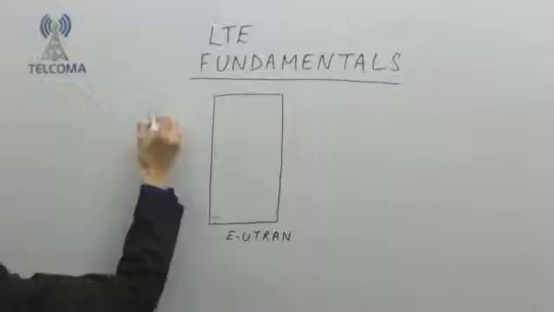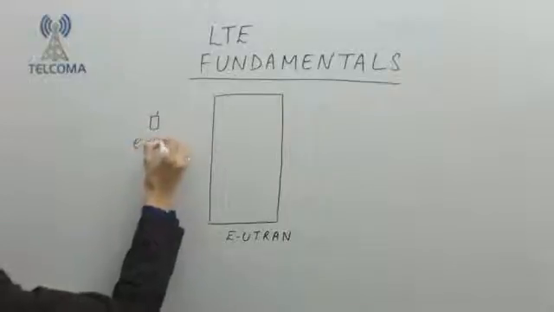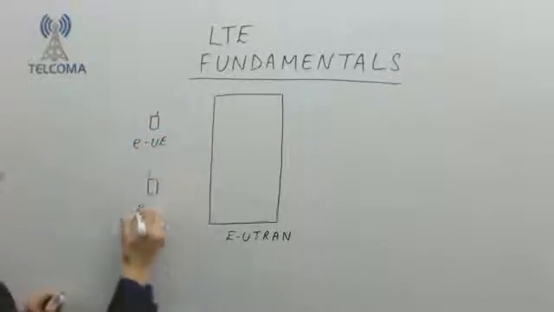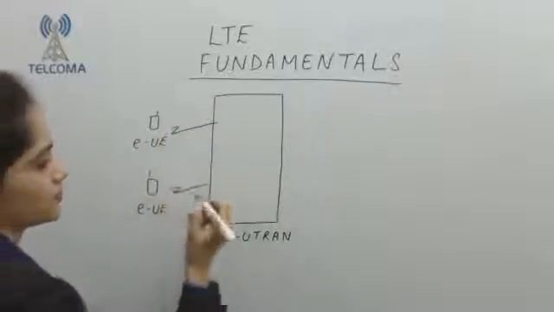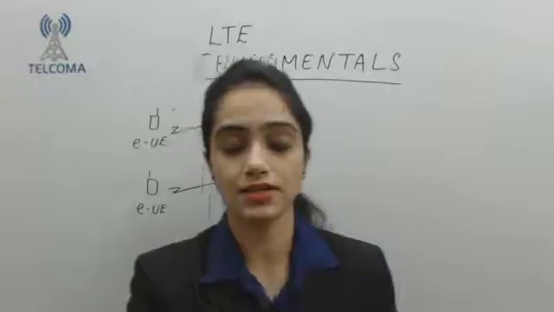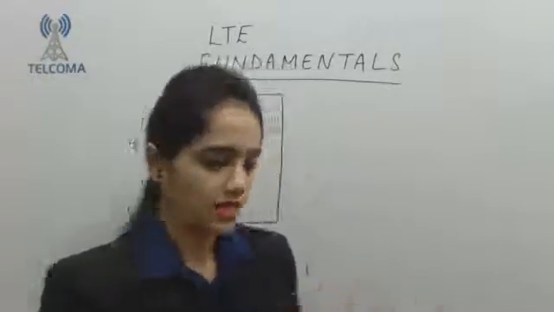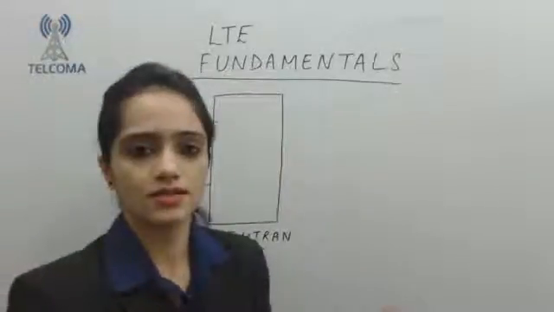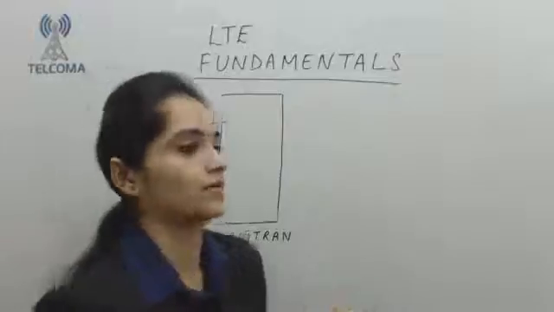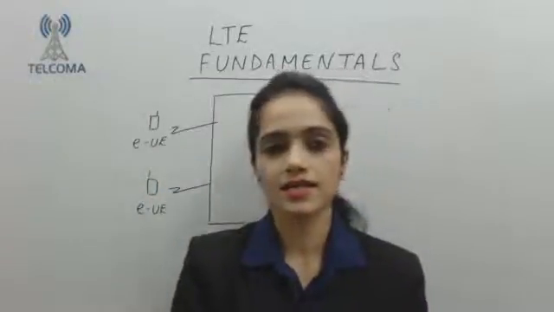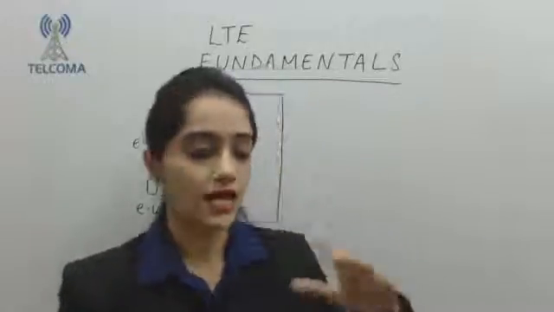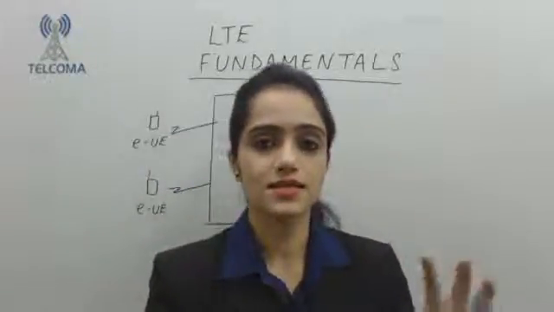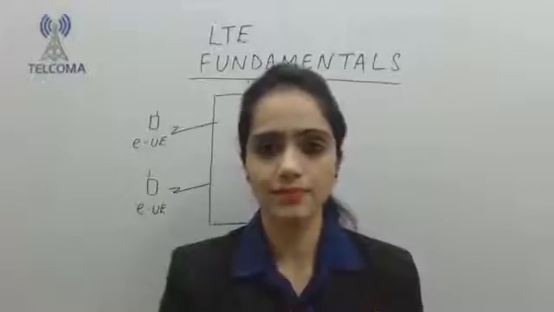We have a number of eUEs attached to it. With the help of the radio interface or air interface, I am connected to the E-UTRAN part. Now in the 3G or 2G cellular system, in the RAN part, we have BTS and BSC, and simultaneously Node B and RNC. That means handover decisions and all decisions are with the RNC.